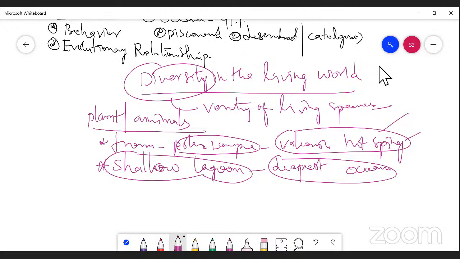Some bacteria and other microbes live in volcanic hot spring areas. Polar means major ice rock areas like Antarctica, occupied by polar animals. They are adapted to a particular climate.